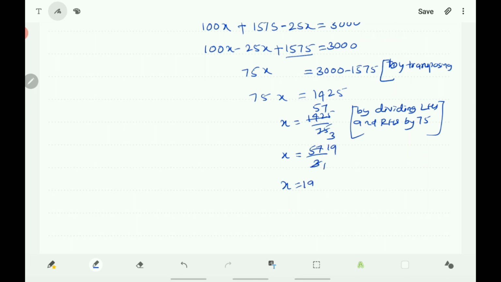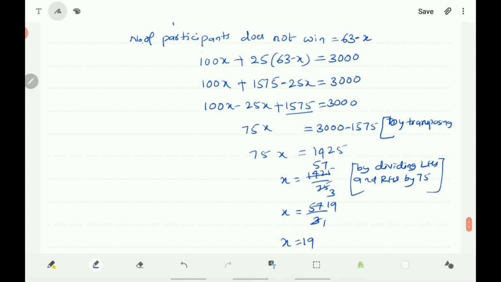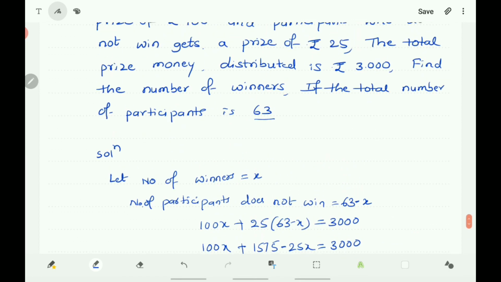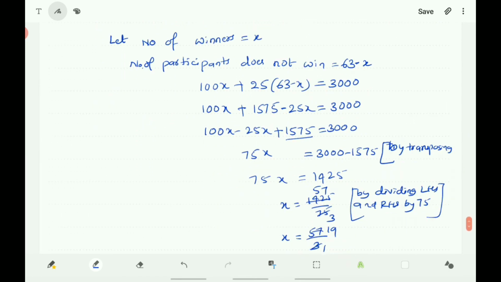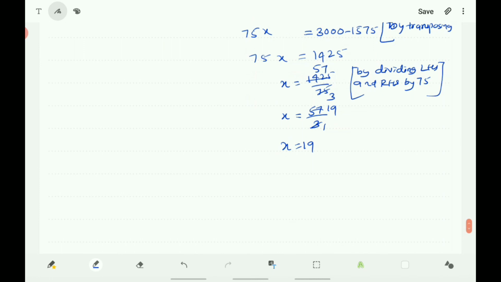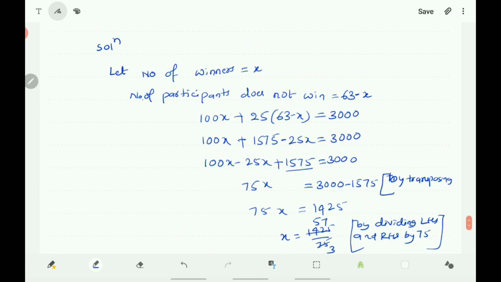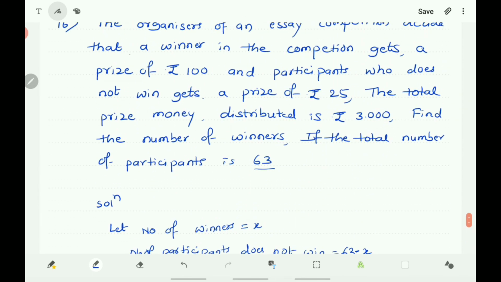You will get x equals 19. That is nothing but the number of winners. Therefore, the number of winners equals 19. Here 19 participants get rupees 100.